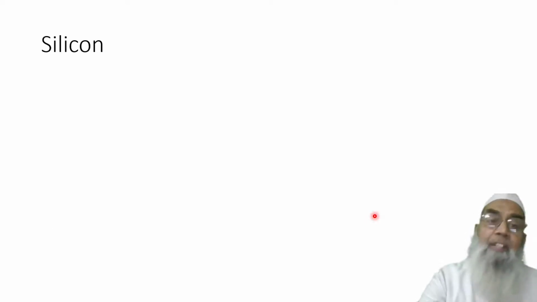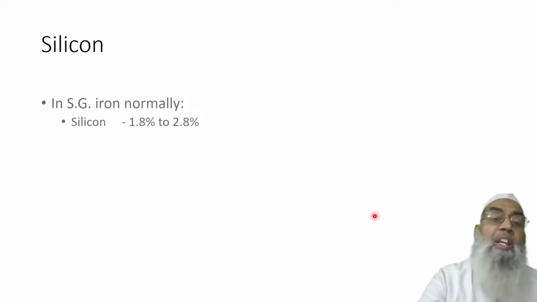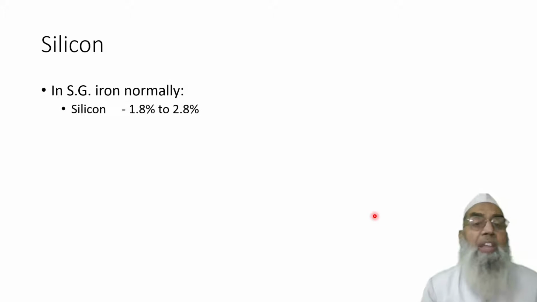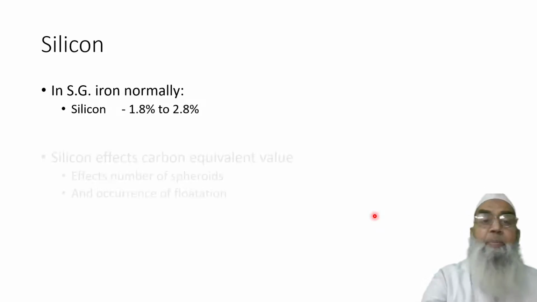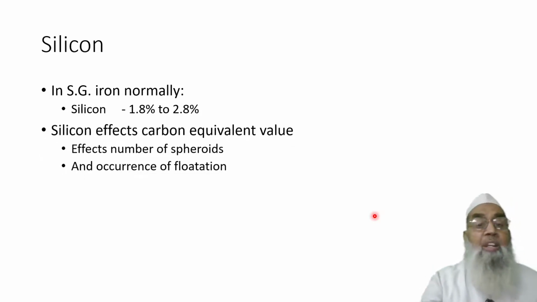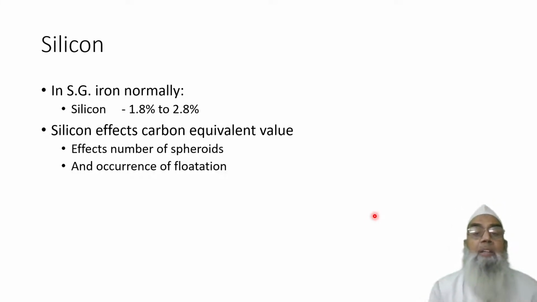Now, silicon is also an alloying element. In SG iron, normally silicon is 1.8% to 2.8%. As we have seen while calculating carbon equivalent, silicon affects the number of spheroids.